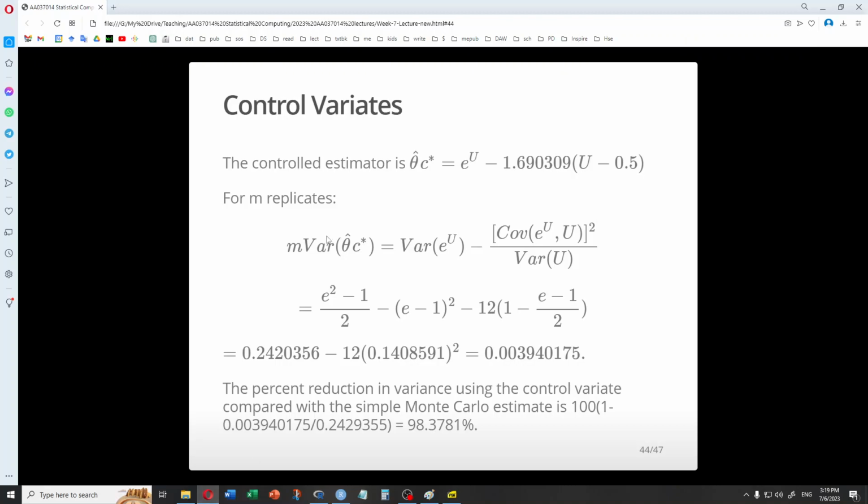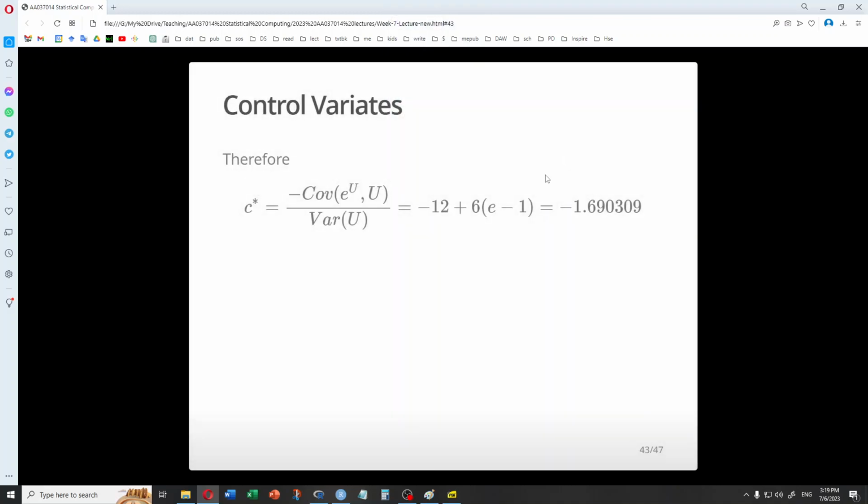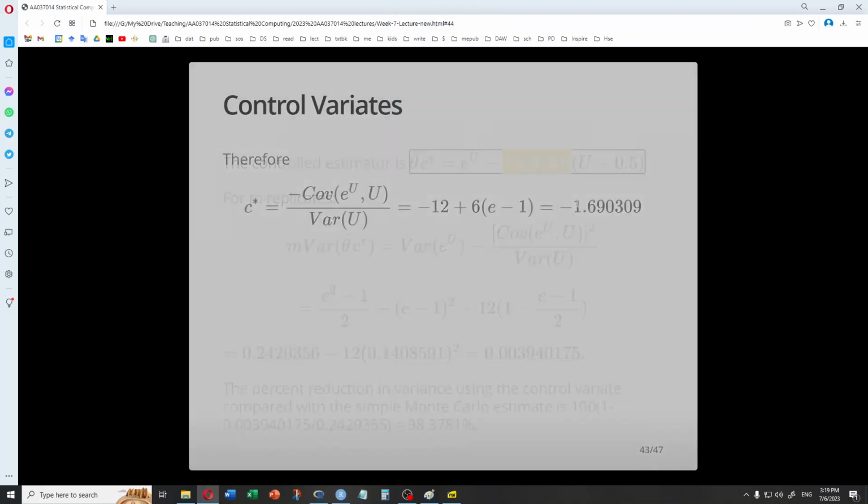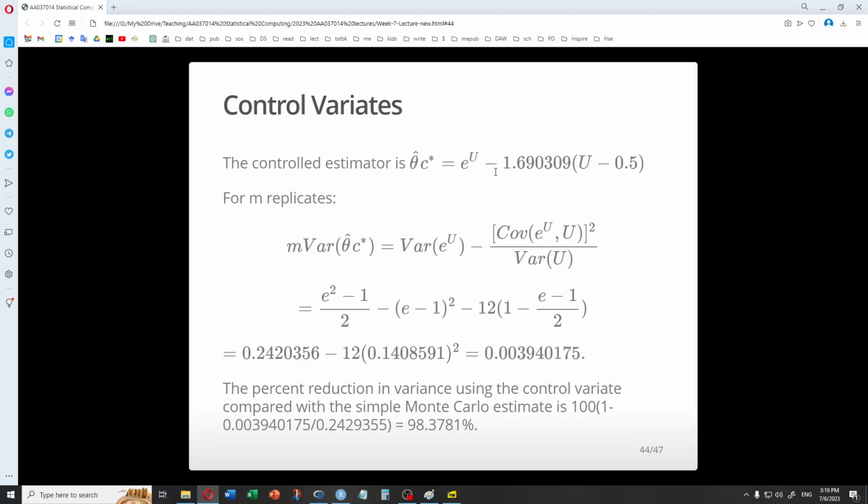Okay, so the control estimator is theta hat of c, which is given by e to the U minus c, so this is the value of c, which is negative 1.69, times (U minus 0.5).